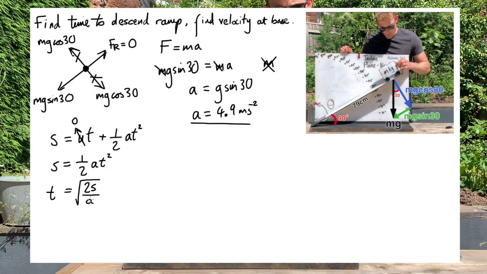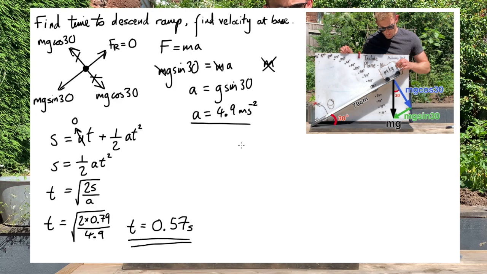The positive square root is the only one we need. So if we put this in, we have the square root of 2 times 0.79 meters divided by 4.9. This gives me a time of journey of 0.57 seconds, and we'll compare this to our recorded time in a moment.